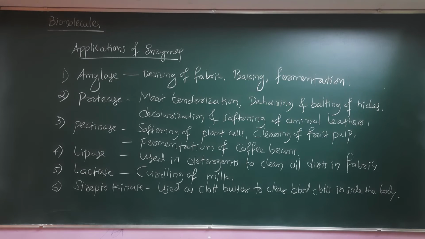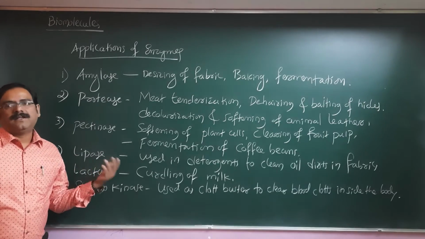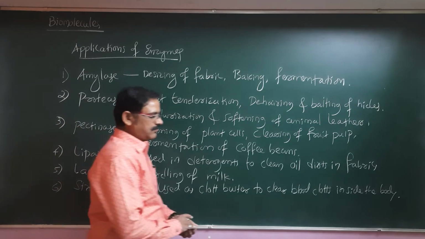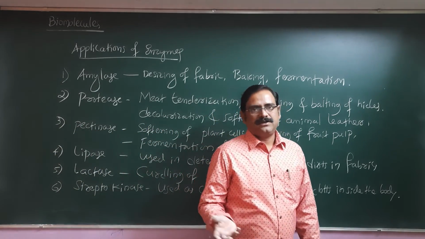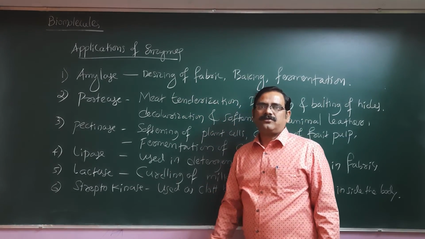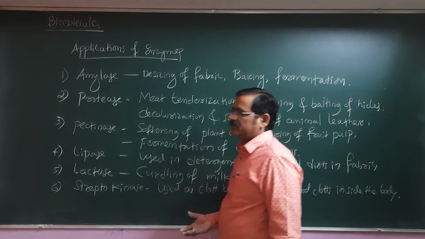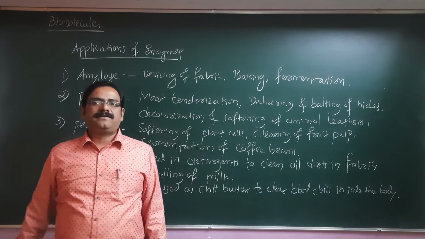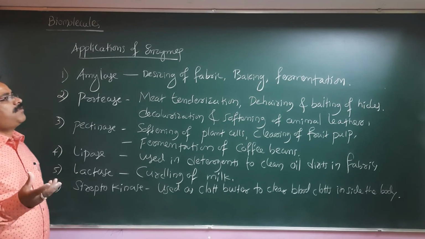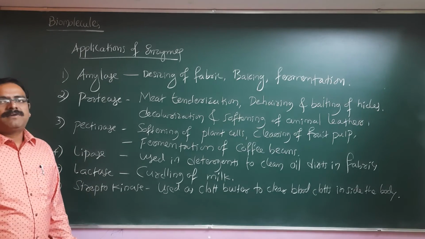So let me tell you, amylase is one of the important enzymes. We can call it salivary amylase, what we have in our saliva, that is useful mainly to digest the starch, converting it into glucose. This kind of amylase also can be used in desizing of the fabrics, softening of the fabrics, cutting of the fibers, and in baking, so that the spongy texture in the bread or the cake can come out, and even in fermentation.